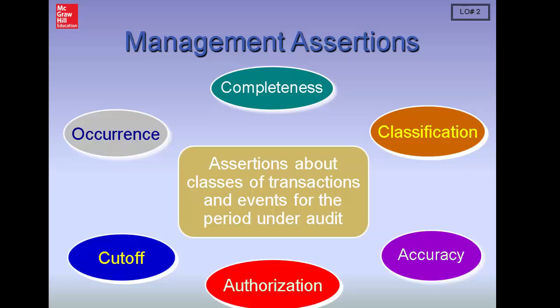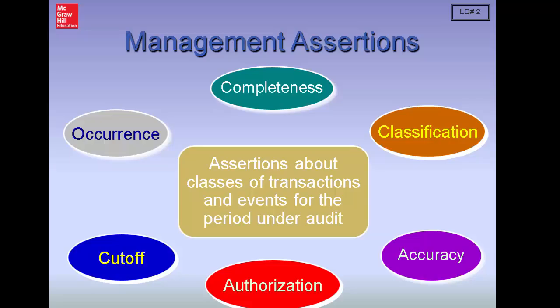Occurrence. Every transaction that is reported by management, management is implying that these transactions actually occurred. Cutoff relates to the end of year balances and making sure that the transaction occurred during the period that we're auditing, and not a transaction, as an example, that took place in January that we're reporting in December.